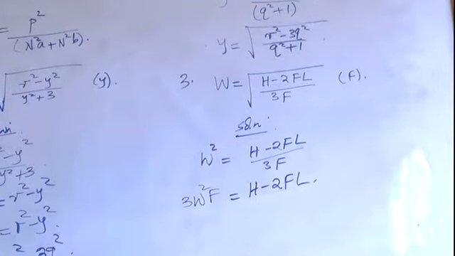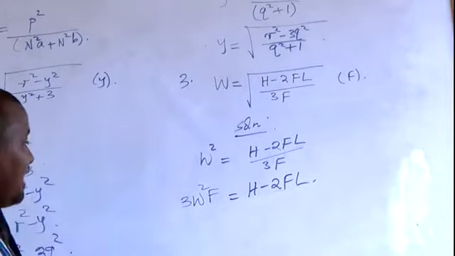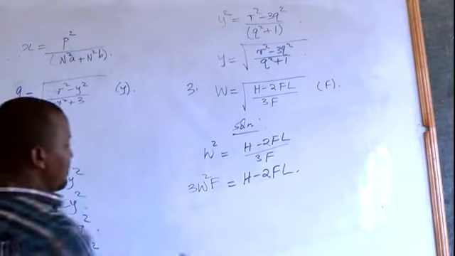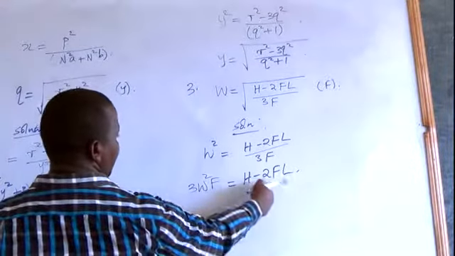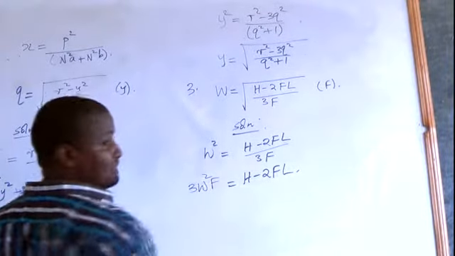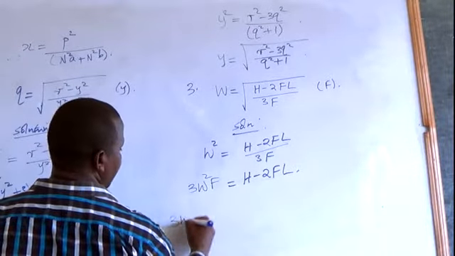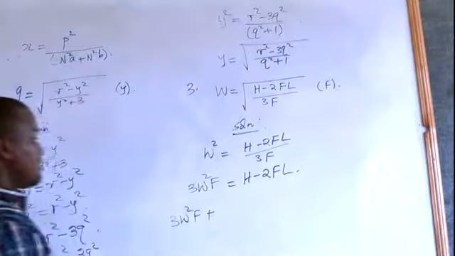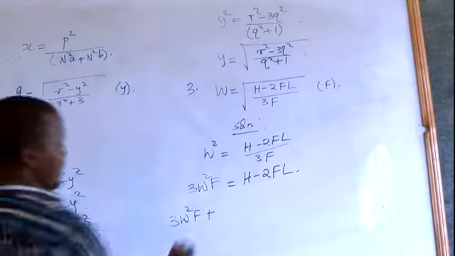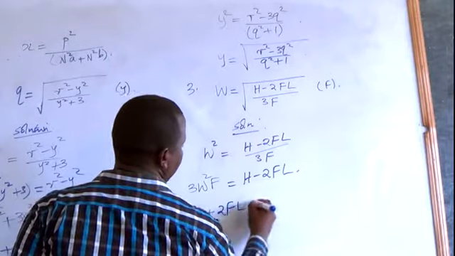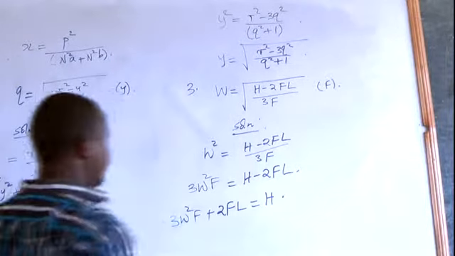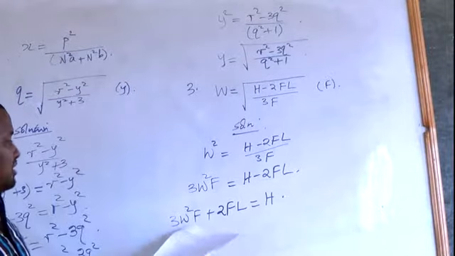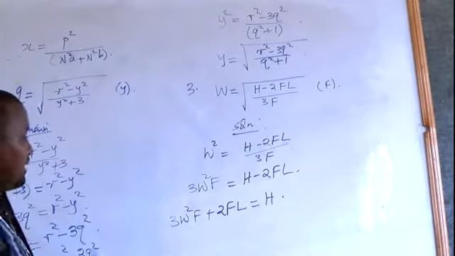Since we want to make f the subject of the formula, we must have all the expressions containing f on the left hand side. So we take this one, it's containing f, and therefore we take it to the left hand side. We have 3w squared f plus, this is minus, so when it comes to the left hand side it becomes positive, 2fl is equal to h. So we can factorize f outside because it's contained in both expressions.